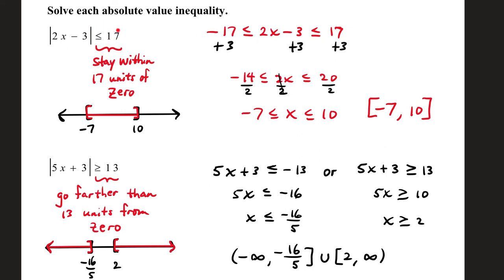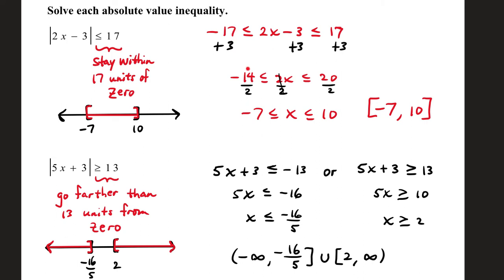So the way you interpret this part is you stay within 17 units of 0. Well, how do we do that? We take 2x minus 3 and we trap it between negative and positive 17. That's over here in the red ink. That forces us to solve a compound inequality, add 3 all the way through.